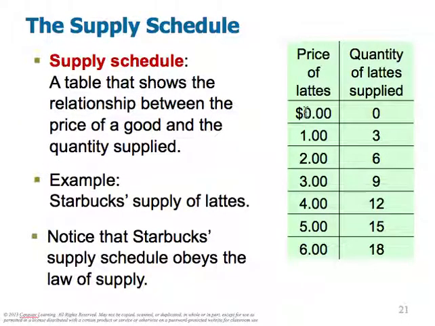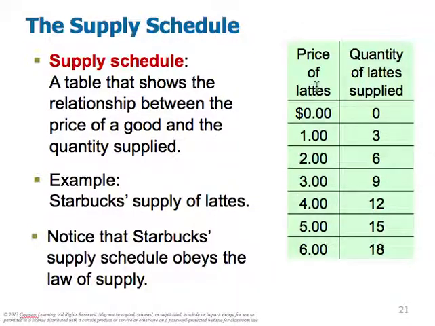When the price of lattes is 0, the quantity of lattes supplied is also 0. But when the price increases, the producer wants to produce more, so the quantity supplied increases from 0 to 3. When the price of lattes increases from $1 to $2, the quantity supplied increases from 3 to 6. As price keeps increasing, quantity of lattes supplied also keeps increasing.